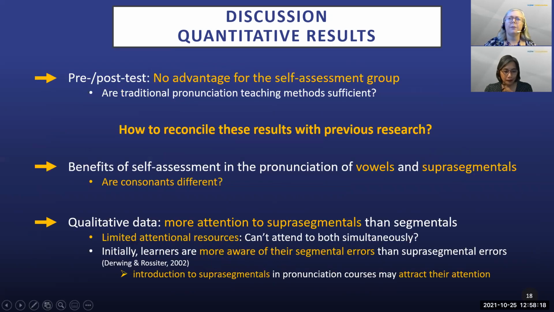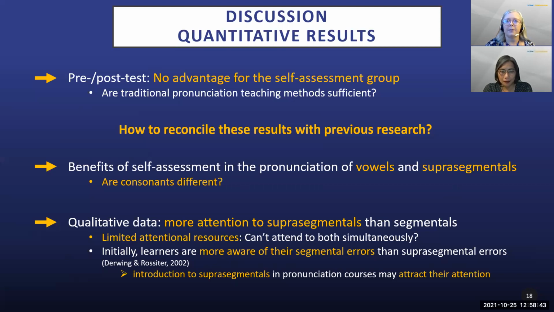So given that there was no advantage for the test group compared to the control group, what does this say about the value of self-assessment activities? Could it be that there's no real benefit to self-assessment and that pronunciation teaching in itself is sufficient to help students improve? If so, then why does previous research show that self-assessment activities involving vowels and suprasegmentals are helpful?